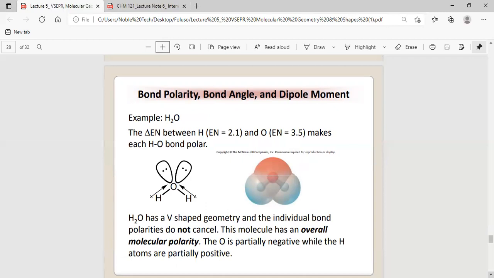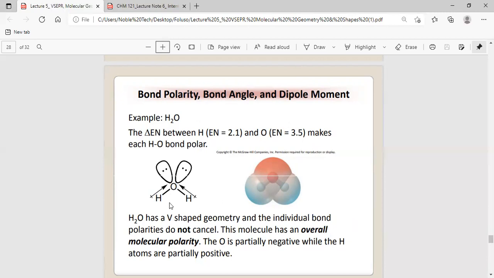In the case of water, you have a bent molecule, a V-shaped molecule. Because it is bent, the overall dipole moment does not cancel itself out. Why? If you look at the molecule of water, V-shaped in this state, the electronegativity of oxygen is higher than the electronegativity of hydrogen.